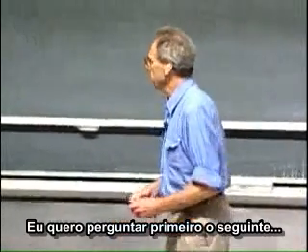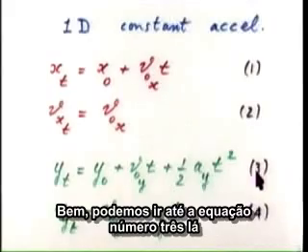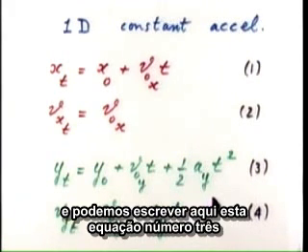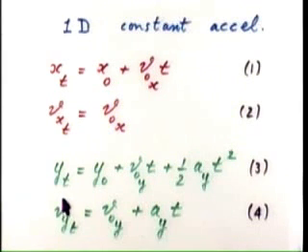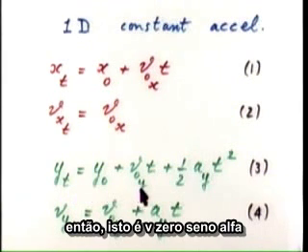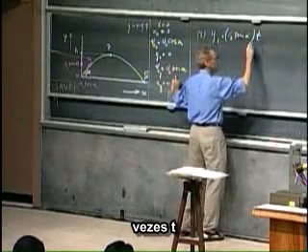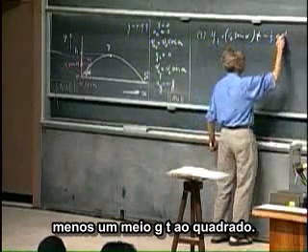I now want to ask first the question that you may never have seen answered: what is the shape of this? Well, we can go to equation number 3, and we can write down that y as a function of time equals v0y t, so that is v0 sine alpha times t minus 1/2 g t squared.